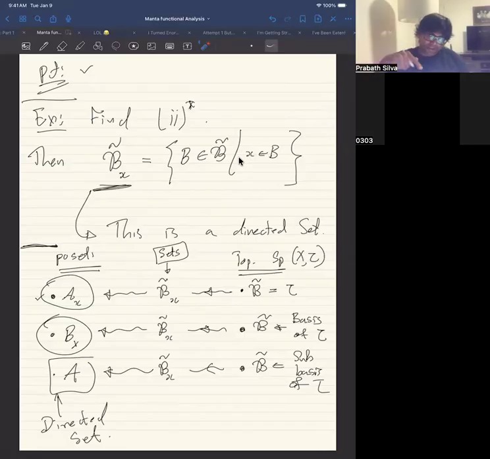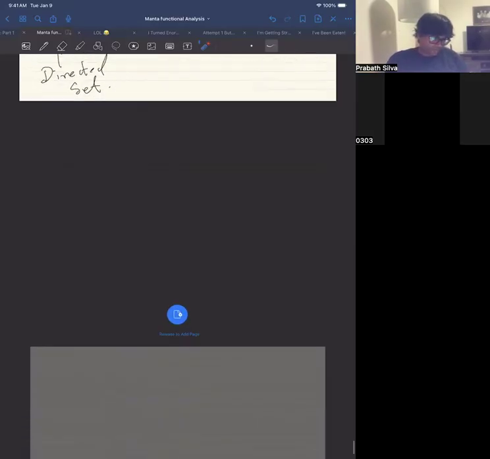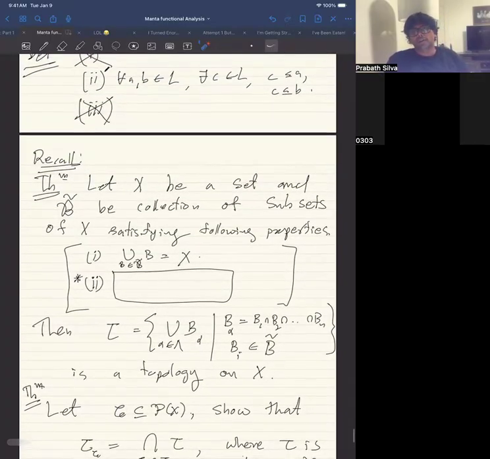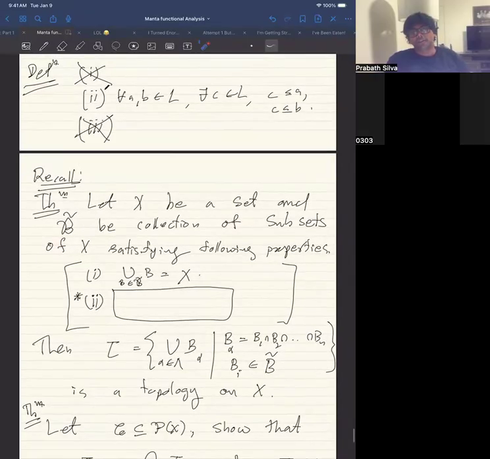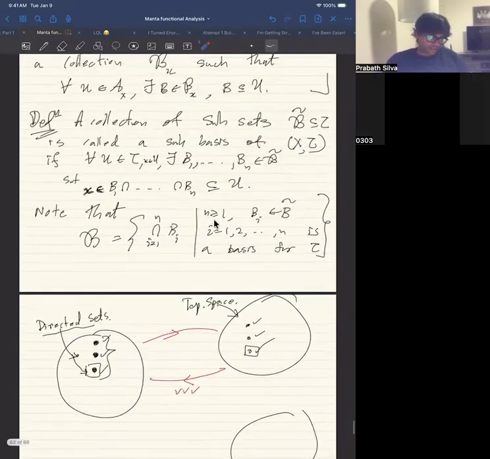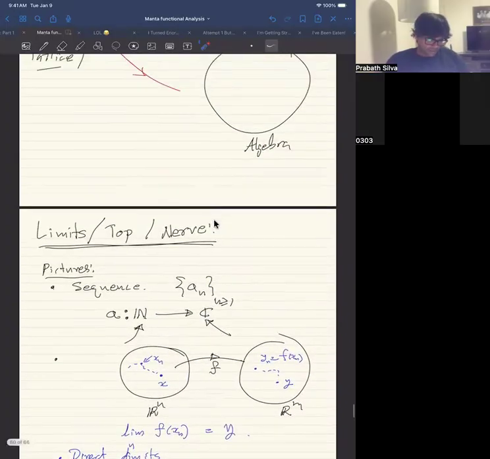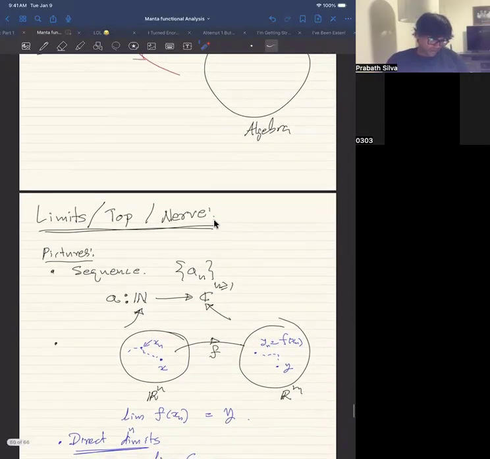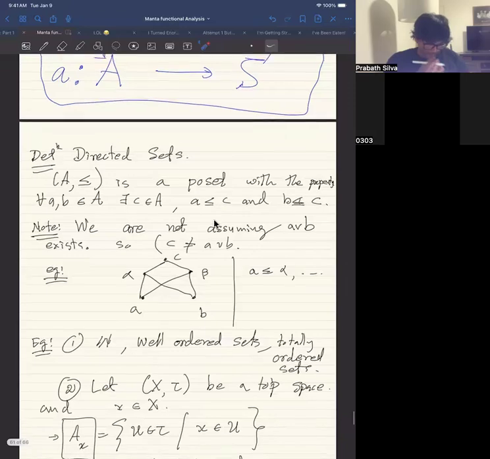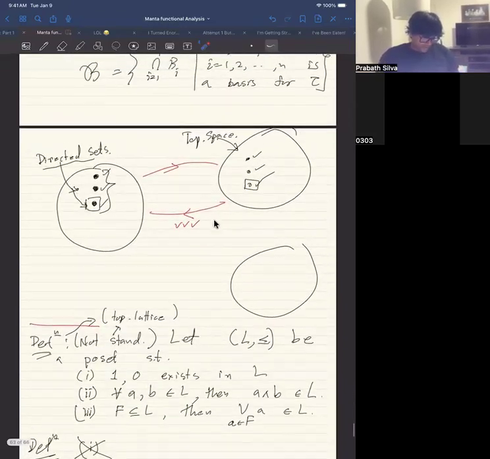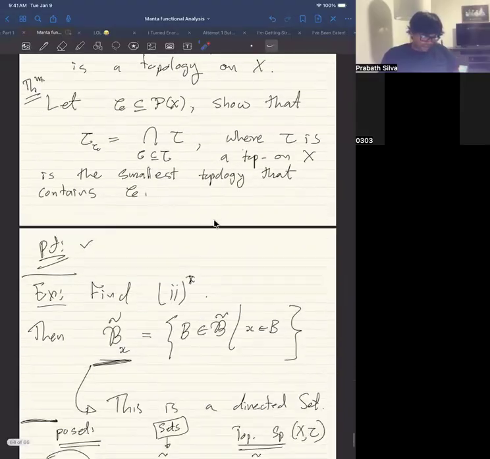But we need the top and the bottom. Now, let's go through the next example.